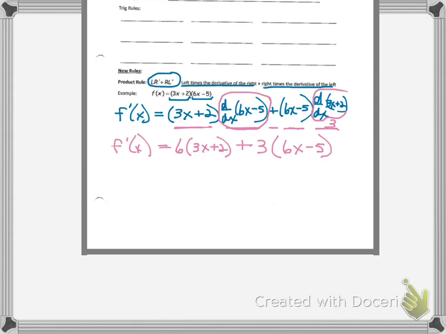Let's try one more, and let's do maybe some trig functions with it. So what if my g of x, well, maybe we'll mix it up. Let's have this be sine 3x, so that's the first term, and the second term can be 7x plus 2.